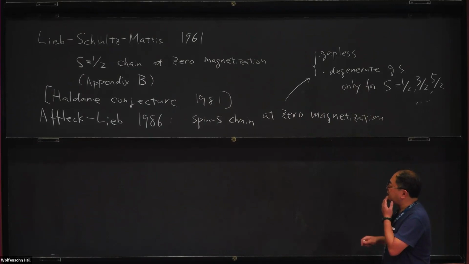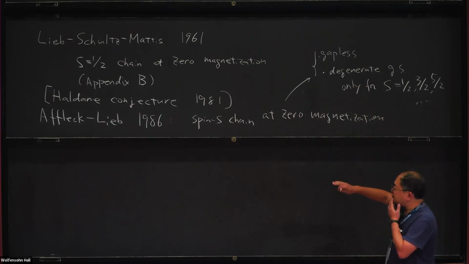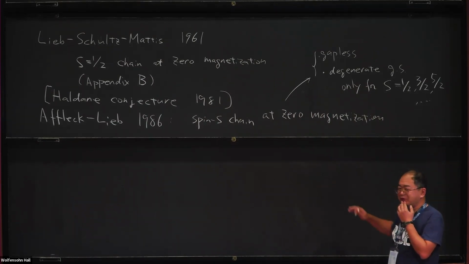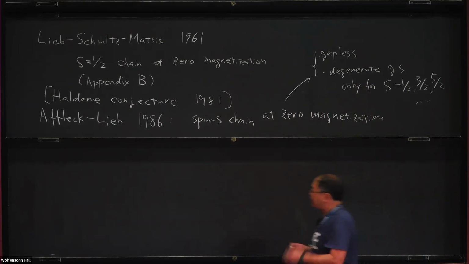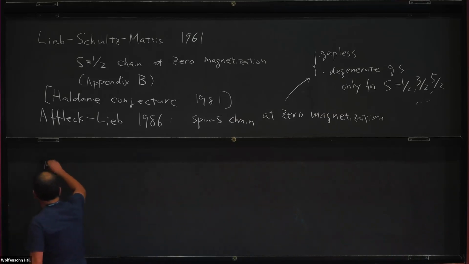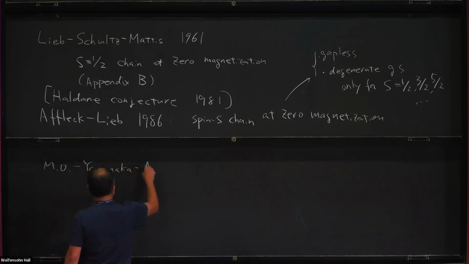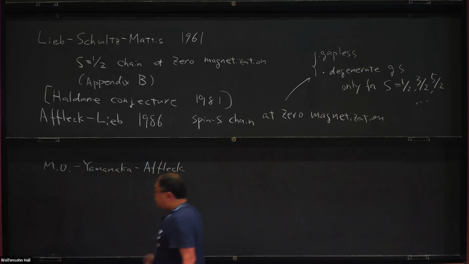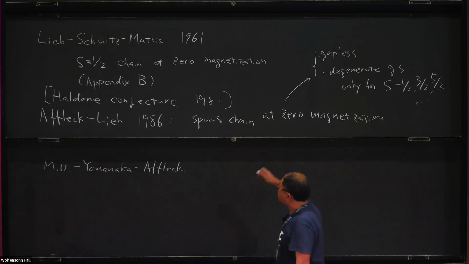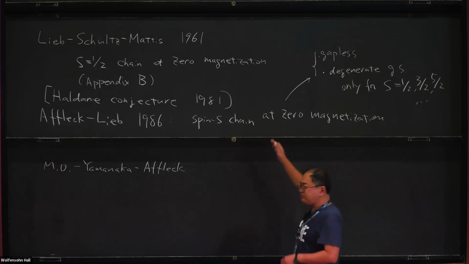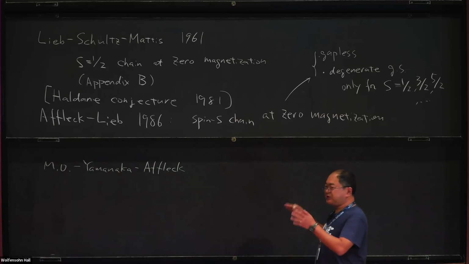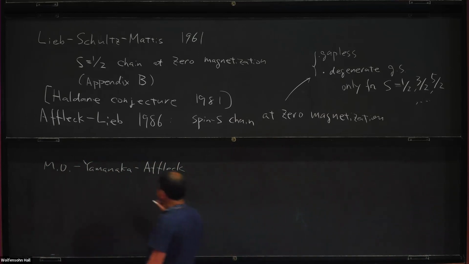Those are the history background, and then I went to UBC as a postdoc with Ian Affleck, and we did the generalization. So we just generalized this to a spin S chain at arbitrary magnetization.